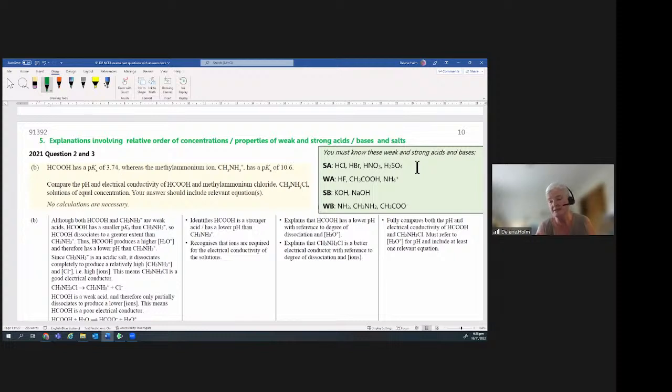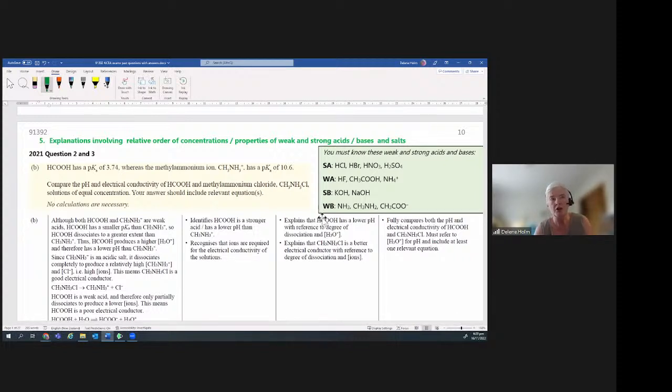Similarly, for weak acids, if you're given hydrogen fluoride, ethanoic acid, or the ammonium ion, and it can be in the form of a salt like ammonium chloride or ammonium nitrate or something like that, you're expected to know that those are weak acids. Strong bases, potassium hydroxide, sodium hydroxide. Weak bases, ammonia, methyl ammonia, or methylamine, and the ethanoate ion.